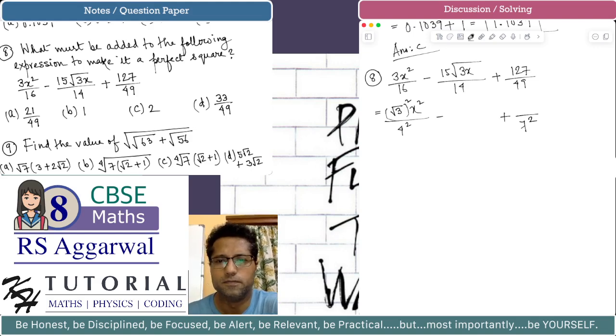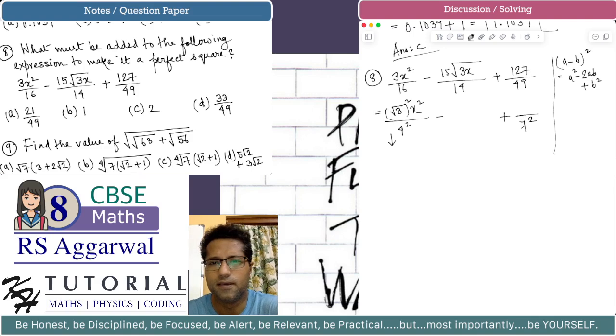Now we know that a minus b whole square is equal to a square minus 2ab plus b square.